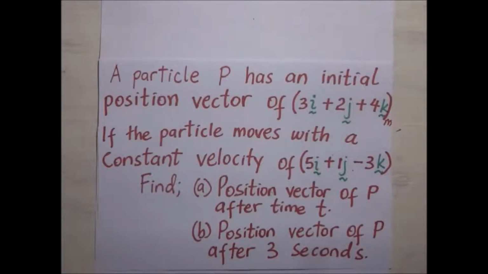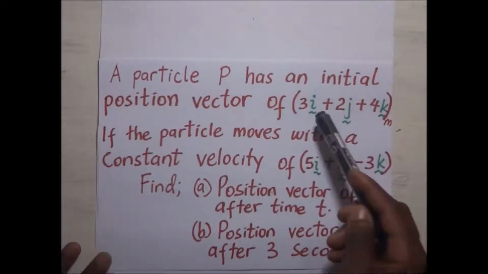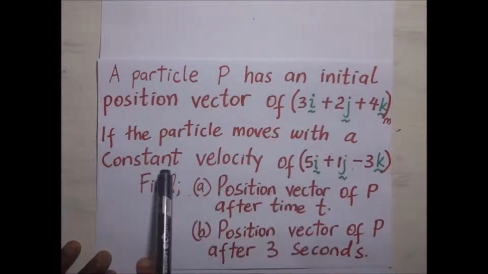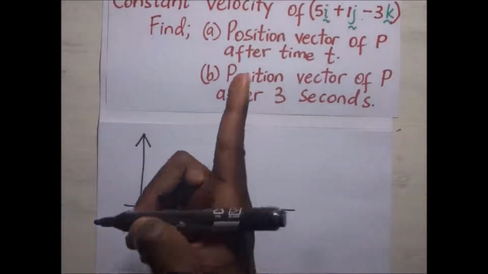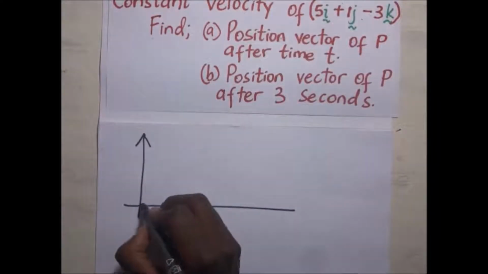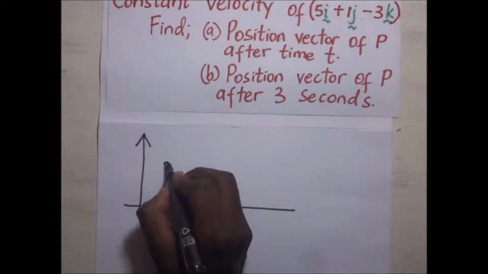We have a particle with an initial position vector of this, and the particle moves with a constant velocity of that. Find the position vector of p after a certain time t. So we want to find the new position vector after it has moved for some time. We'll work it out this way. Let's say this is the particle p.